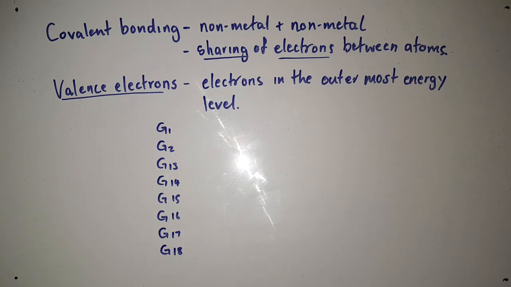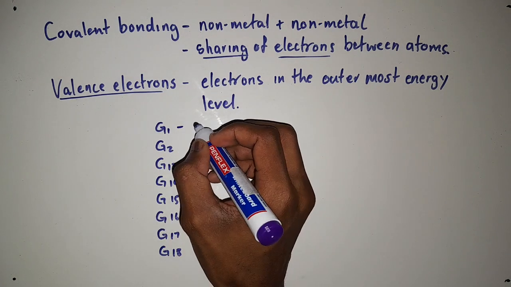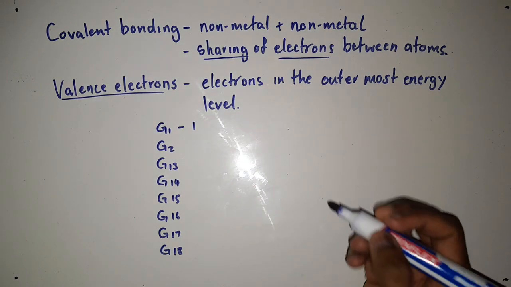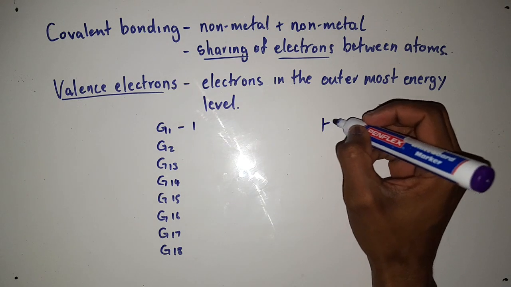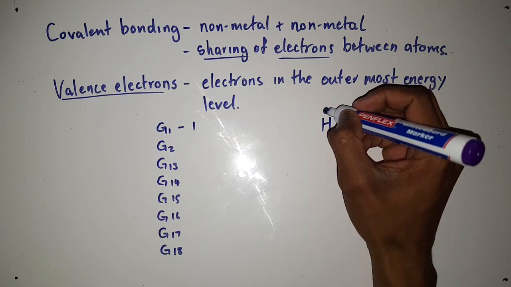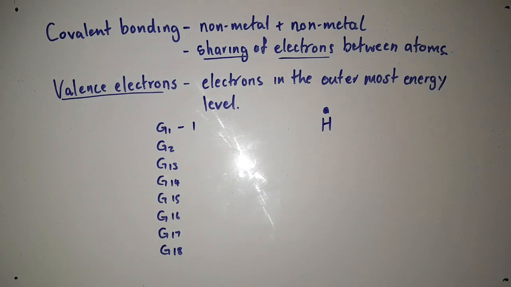All the elements in group 1 have one valence electron. The example that I can use here is hydrogen, H, with one valence electron in the outermost energy level.